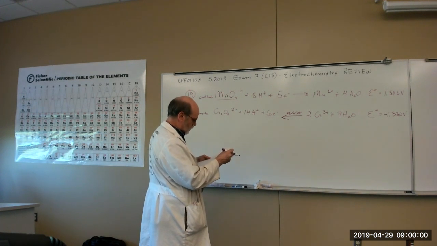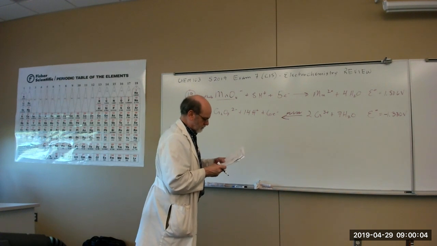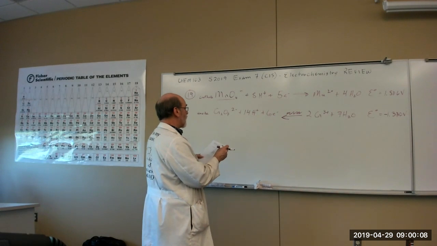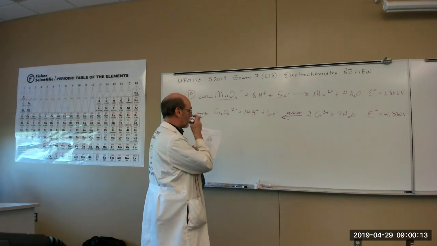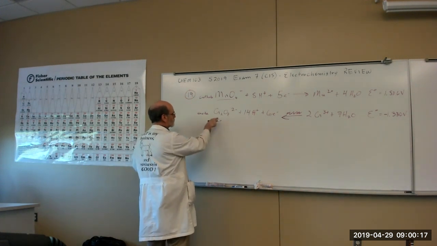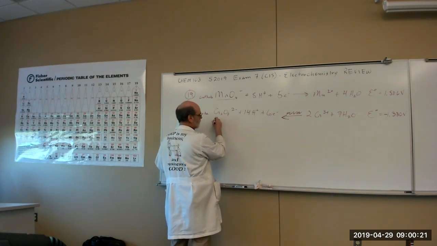What's the value of Q, the reaction quotient for this cell reaction? Okay, in order to do that, we have to combine the equations. And that means this one's reversed, so it has to be written this way.